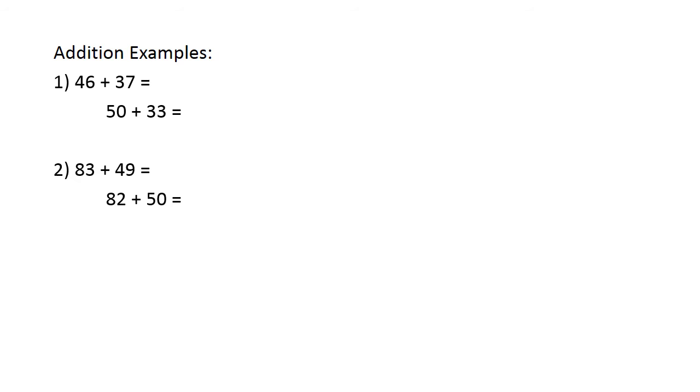To take it a step farther, we can also say that this is the same as 80 plus 50 plus 2. If we rearrange those numbers, we can take the 80 and the 50 and think about the 8 and the 5. 8 plus 2, or 80 plus 20, is going to equal 100.